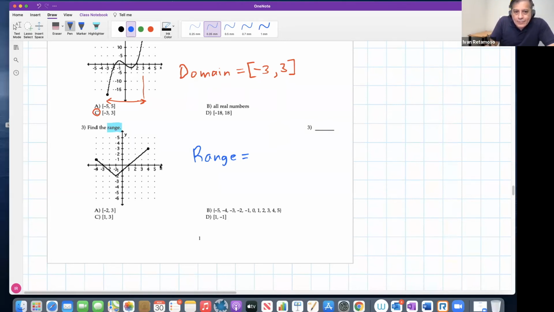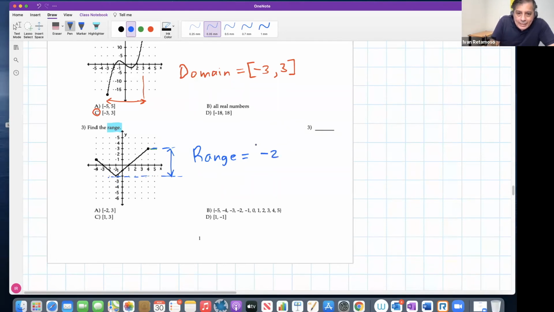The lowest you can go here is this. Notice nothing is below this point. So the lowest clearly is -2, right? You start there, -2, the lowest.